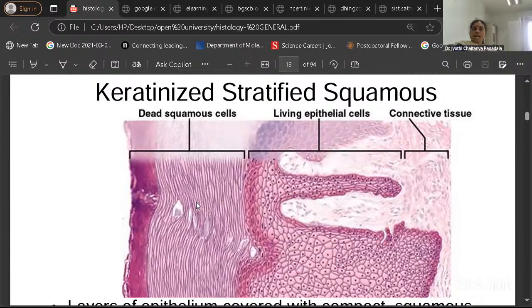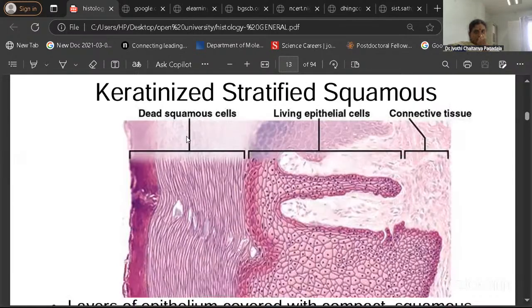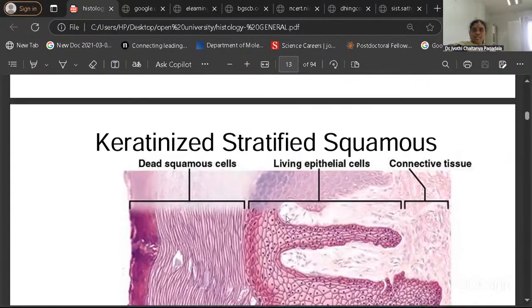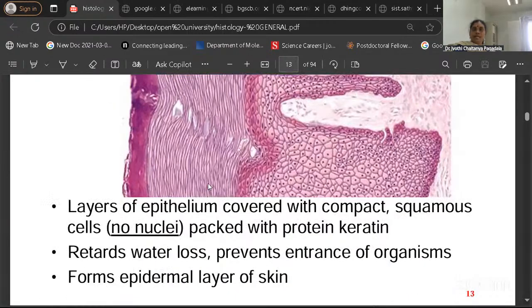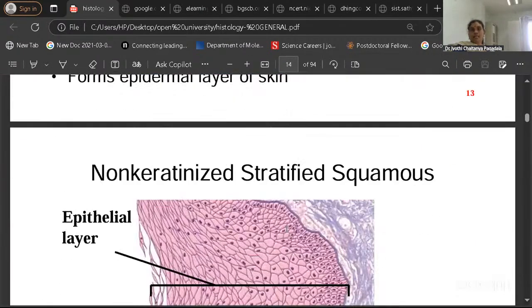When coming to keratinized stratified squamous epithelium, here you can see the dead squamous cells and the living squamous cells, and this is the connective tissue. Layers of epithelium are covered with compact squamous cells packed with protein, keratin, which retards water loss and prevents entrance of organisms, in the epidermal layer of the skin.